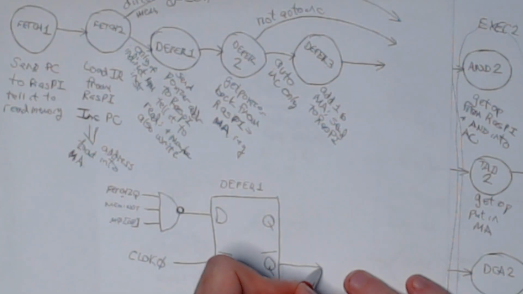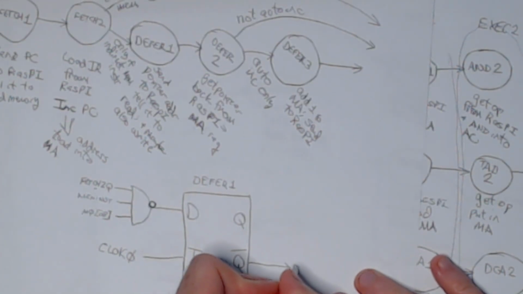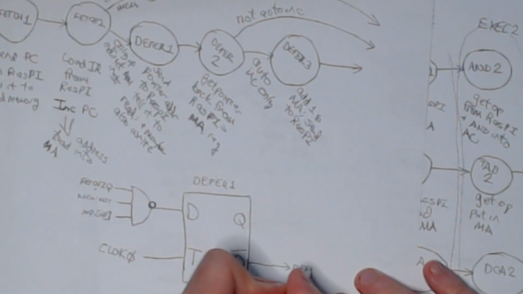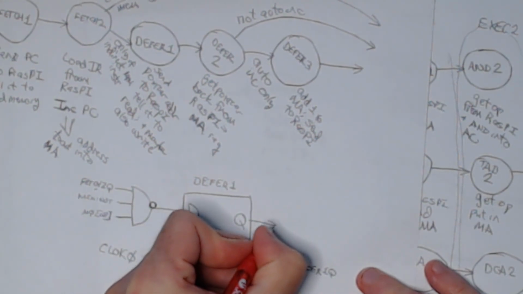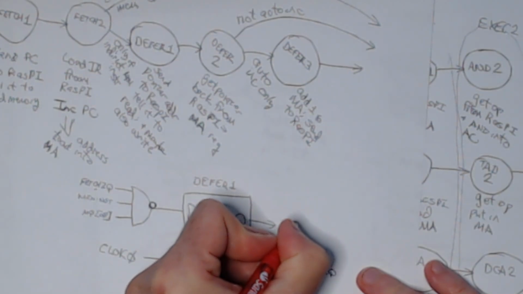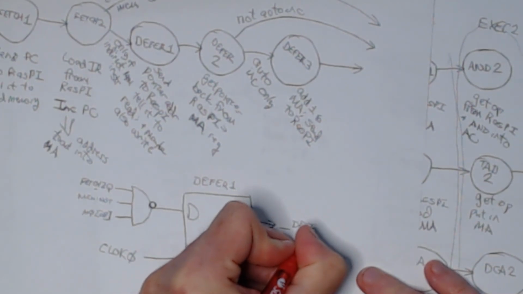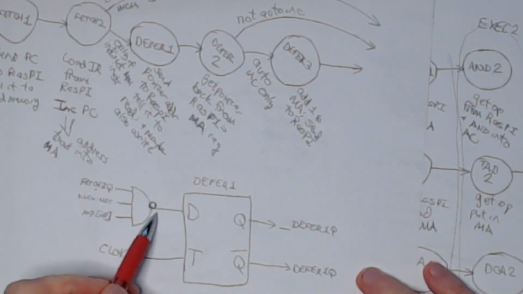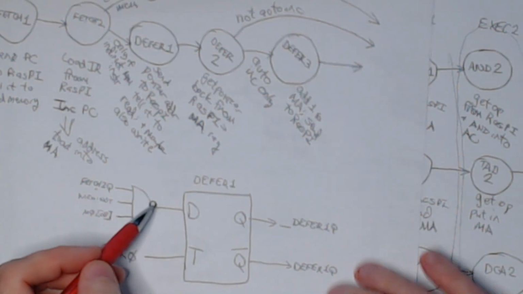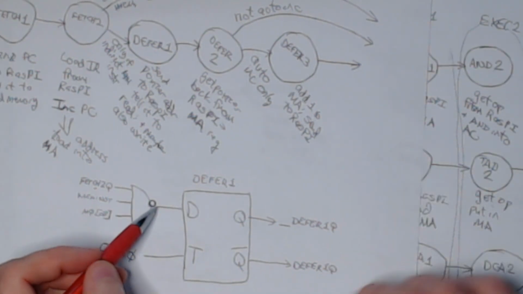So this is going to be the positive defer signal, defer 1Q, and this would be my underbar defer 1Q. And it just saves me a triode here. Why stick an extra triode in here just to flip these around and make it look a little prettier?